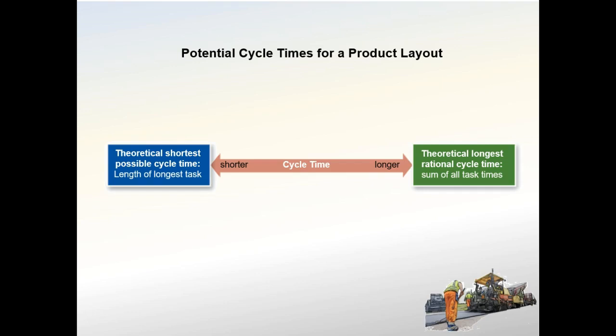At the other extreme, the longest cycle time that makes any sense equals the sum of all the tasks to be performed, although this implies an assembly line with only one workstation completing all tasks. In reality, the cycle time is likely somewhere in between, based on the desired capacity of the system being designed. So we discuss how to derive a target cycle time from a desired total output of the system next as the first step of the line balancing technique.